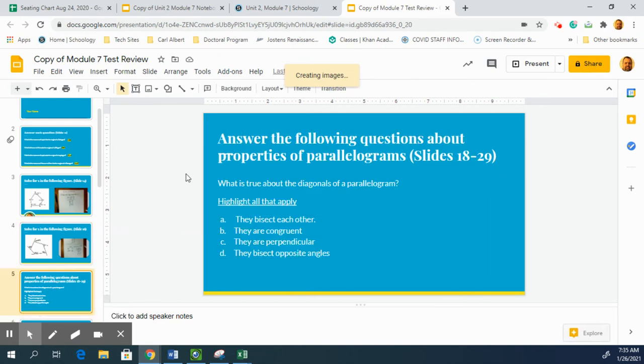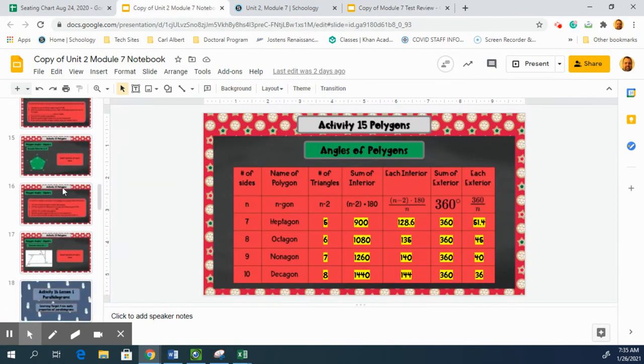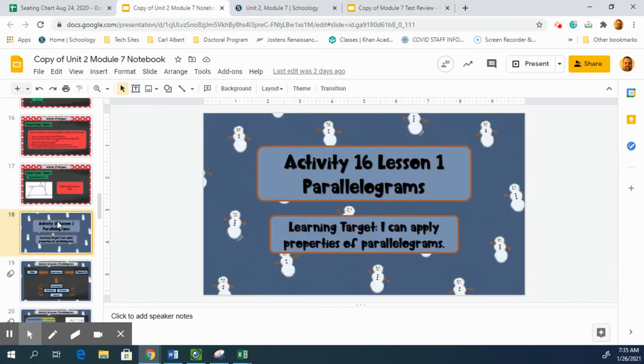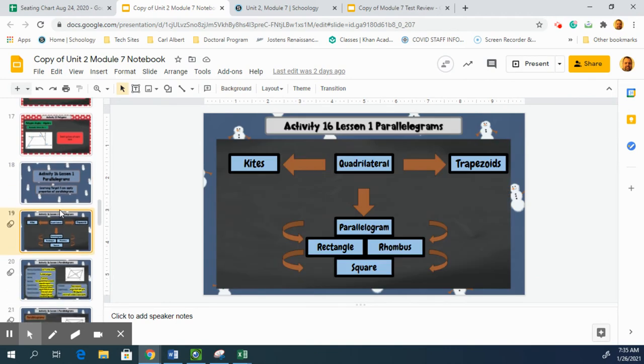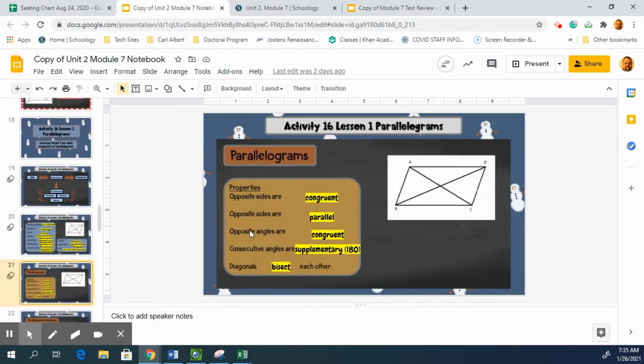Now, these next few questions are more about properties. It says, answer the following questions about properties of parallelograms, slides 18 through 29. So we're looking at these properties dealing with parallelograms, more specifically these types. So if it asks a question about parallelogram, I would look at these properties.